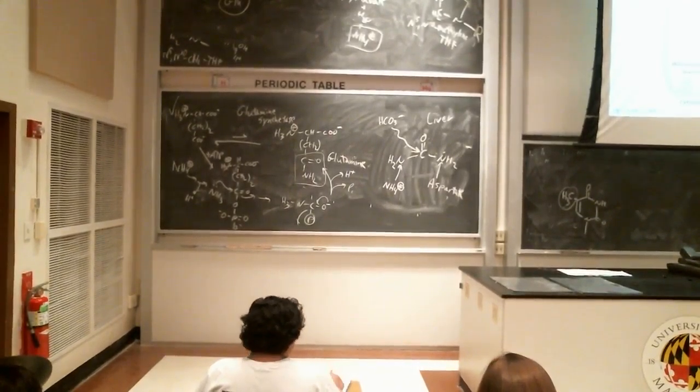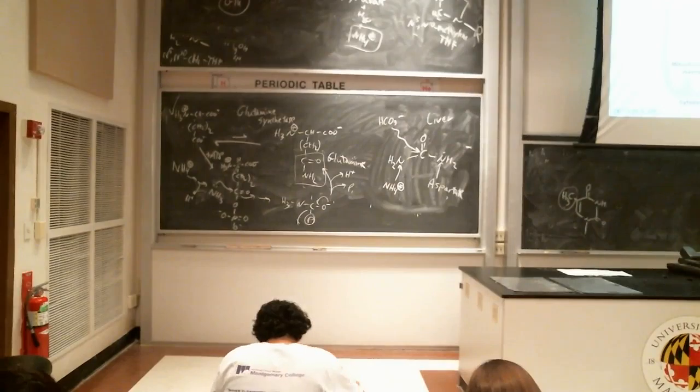Alanine. Alanine is carrying amino groups. It's carrying it from muscle cells.